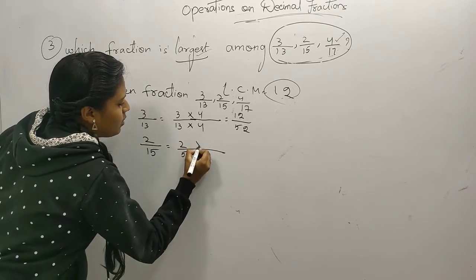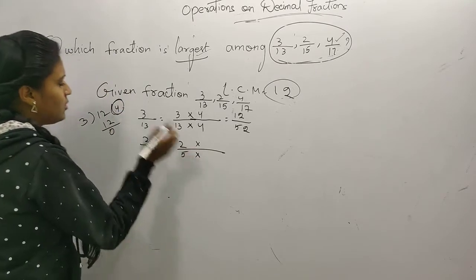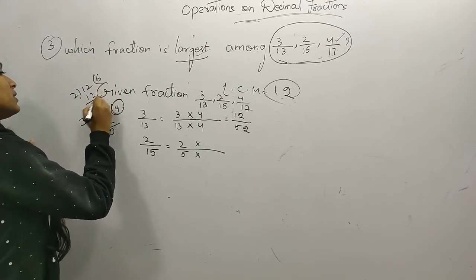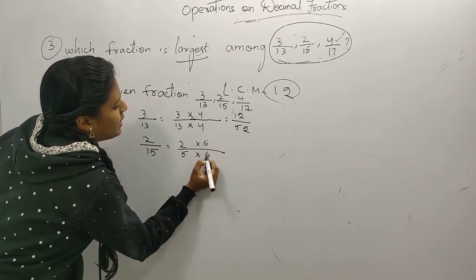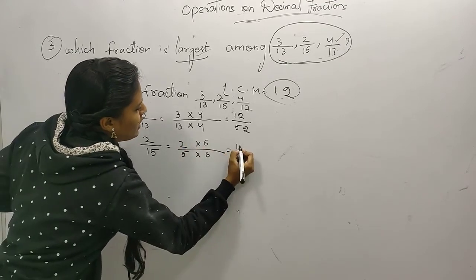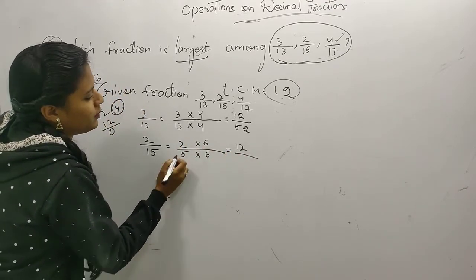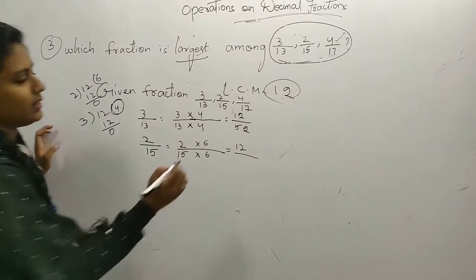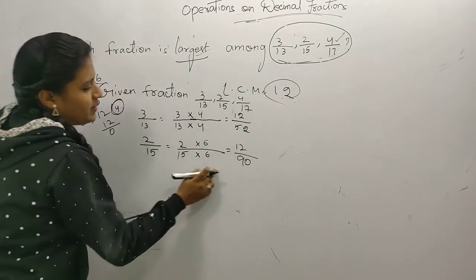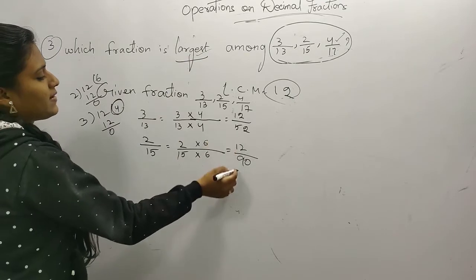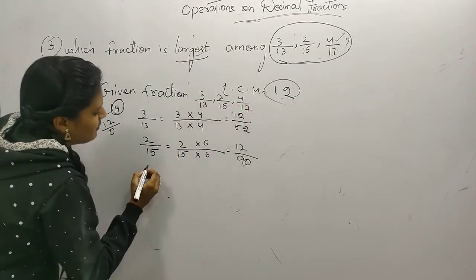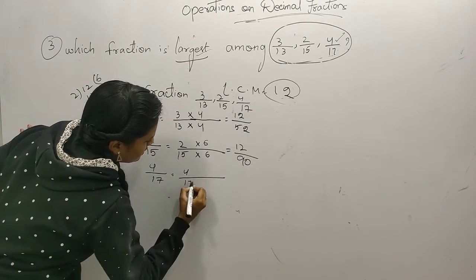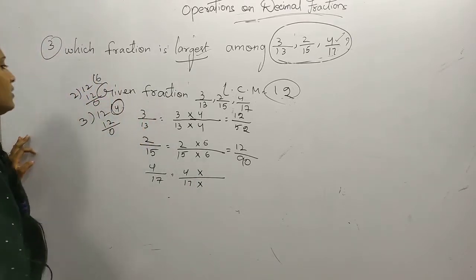Okay. Next fraction, 2 by 15. Once again multiply the value we got with the numerator and the denominator. 2 divided into 12, how much? 2 6s are 12. Multiply by 6 with both numerator and denominator. 2 6s are 12. 15 6s, how much will you get? 90. 15 6s are 90. These two fractions are solved. Last one is 4 by 17. How will you find it?